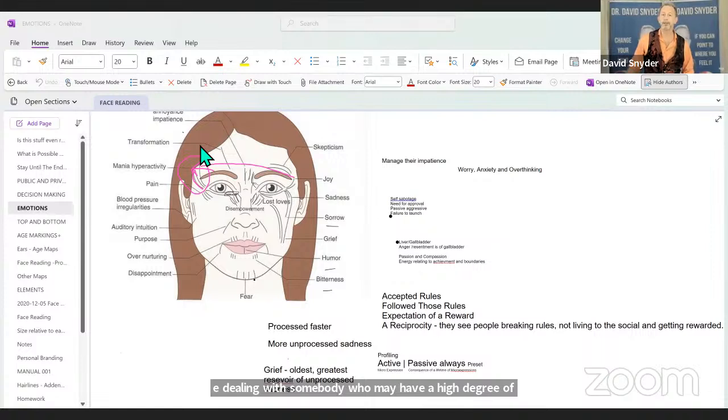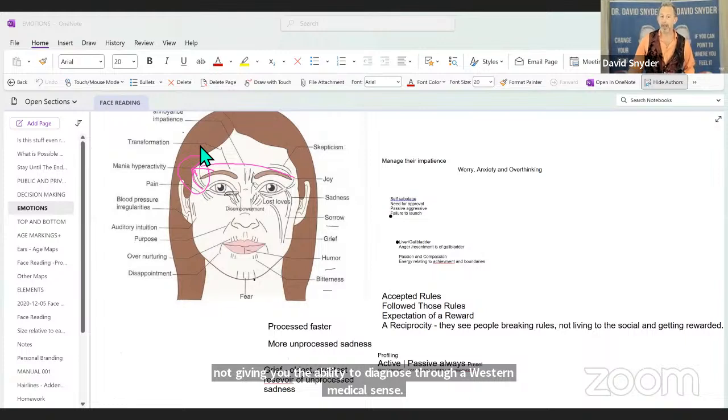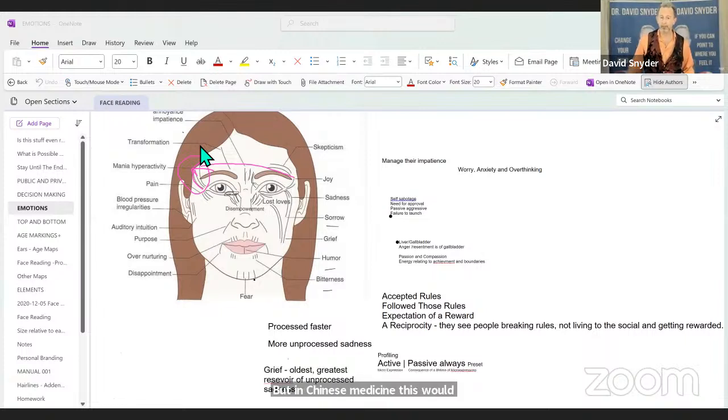Again, I'm not giving you the ability to diagnose through a Western medical sense, but in Chinese medicine, this would indicate a lot of heart fire, or Shen disturbance, which is usually a psycho-emotional imbalance. Okay. So joy, healthy joy, unhealthy joy.